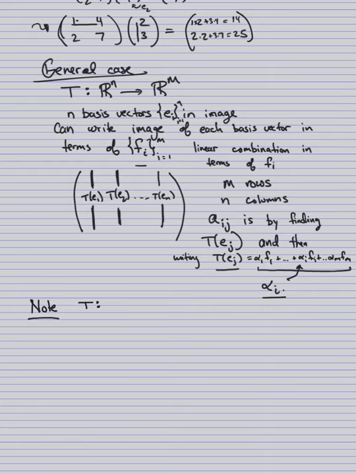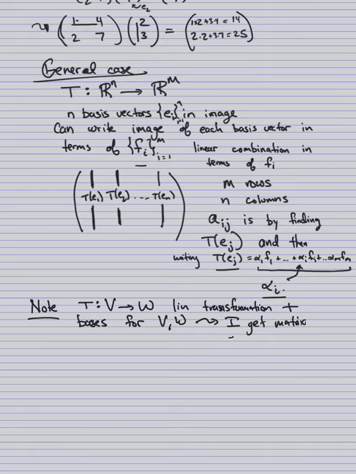If I have a T from V to W, which is a linear transformation, and bases for V and W, I get a matrix encoding T. And then, of course, if I'm choosing different bases, that produces different matrices.